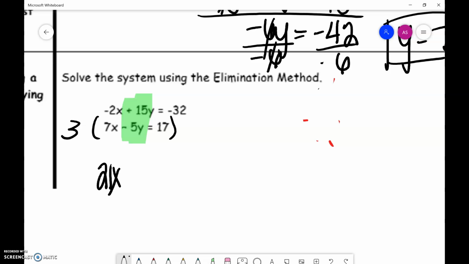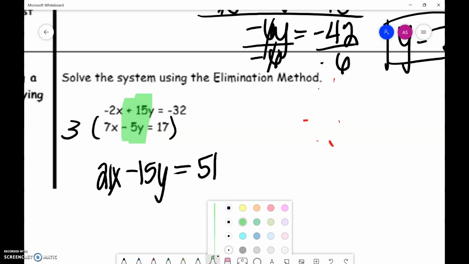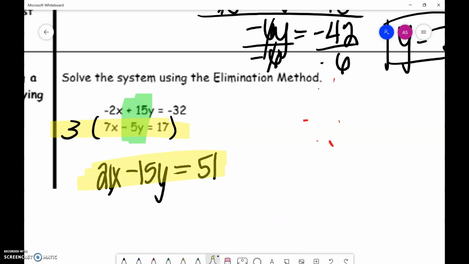I'll have 3 times negative 5y, that's negative 15y. And I'll have 3 times 17, which is 51. So all that happened was this equation became this equation. These two equations are equivalent, because I multiplied by that same number.